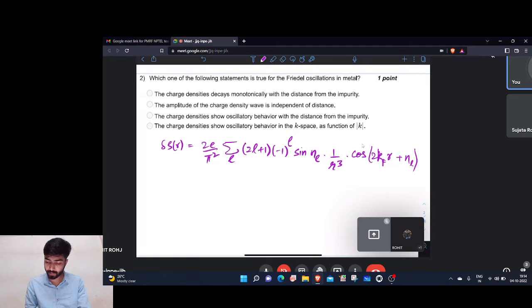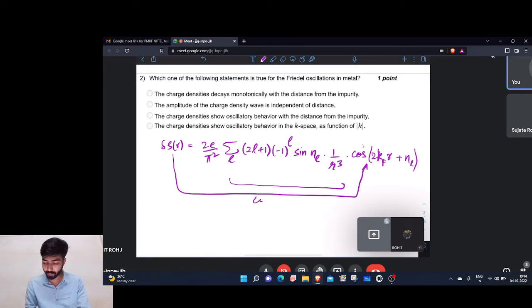Now this whole prefactor is a constant, and so one can see that the charge density varies as a cosine function, and the cosine function has distance in it.